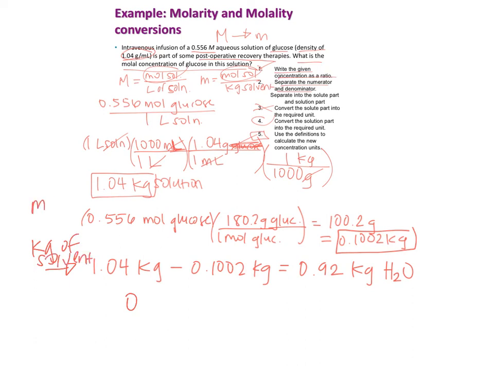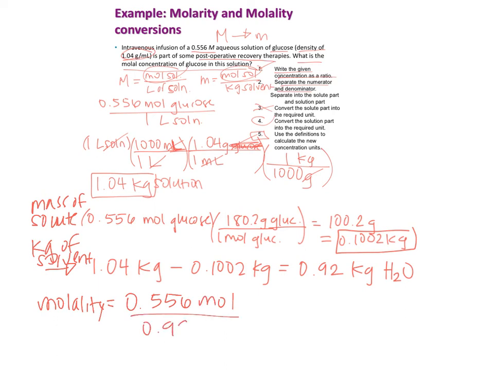This was getting the mass of our solute out of our solution. And then finally, we're on calculating the molality. So we will take the moles, which is 0.556 mole, divided by our kilograms of solvent. And from this, you should get 0.60 molal.